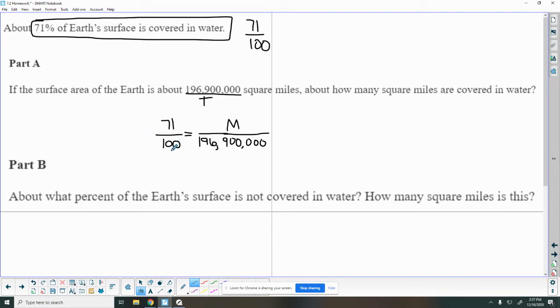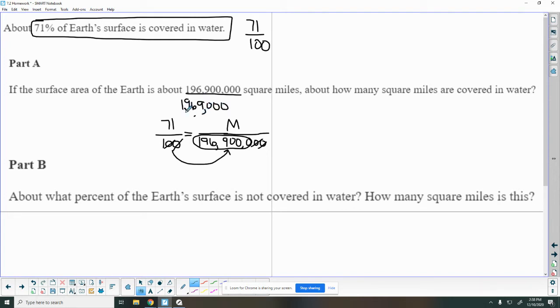So one way, instead of timesing 71 by this million number, we can see how many times does 100 go in here. And we can do that by canceling out these zeros here. And so we're left with 196,900. I shouldn't have put my comma there. So let me try rewriting that one more time. 196,900.